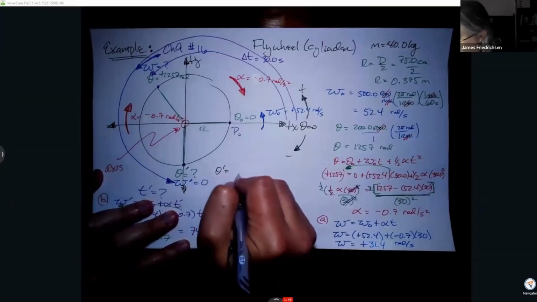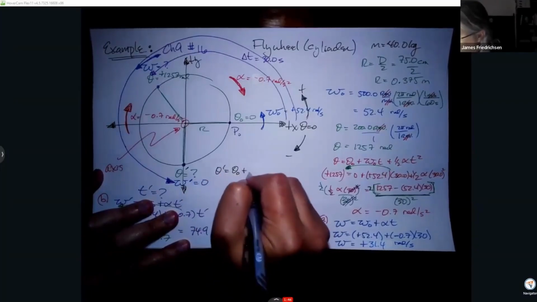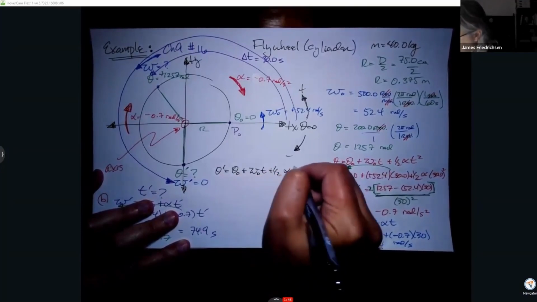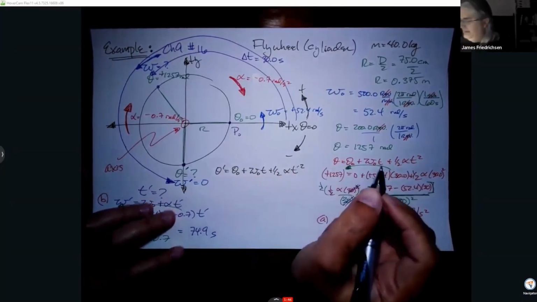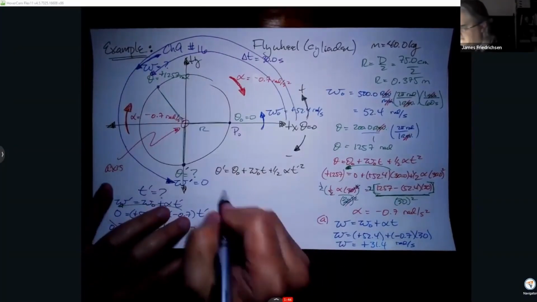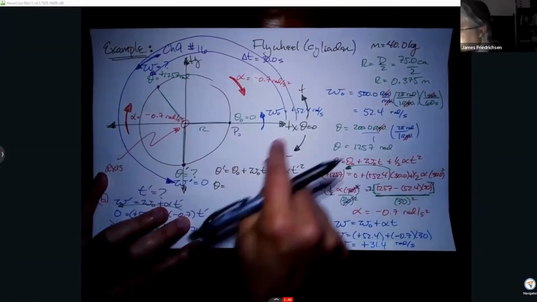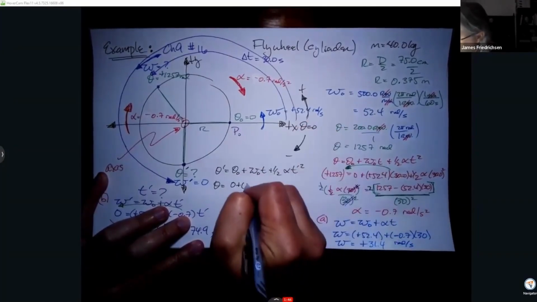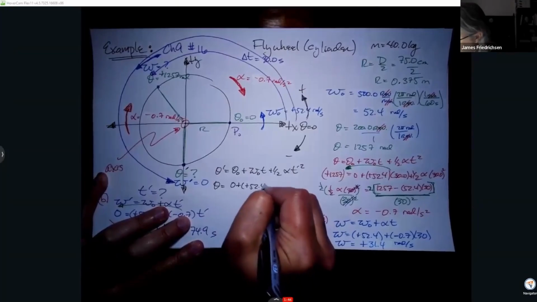So theta prime is theta naught plus omega naught t plus 1/2 alpha times t squared. And this would be the t prime. So the initial angle was at 0. The initial omega was our plus 52.4.